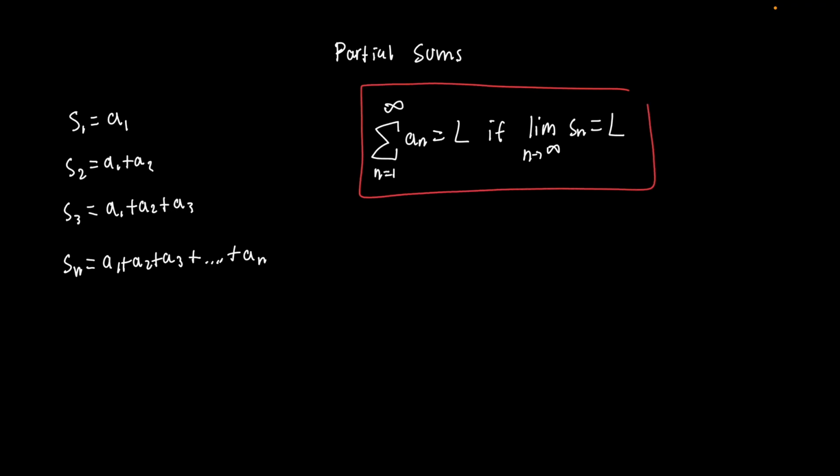I'm going to box this in red really quick. This means that a series converges to L if its partial sums approach L. So when we study a series, we're really asking ourselves: what are the partial sums doing?